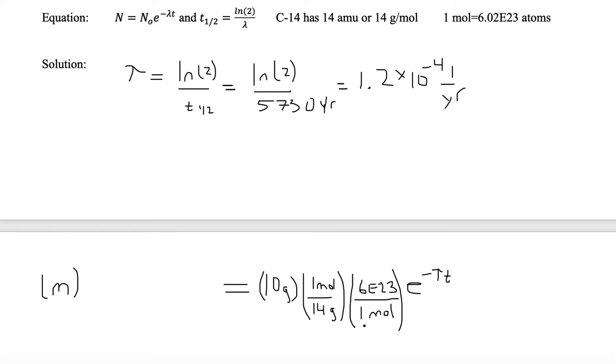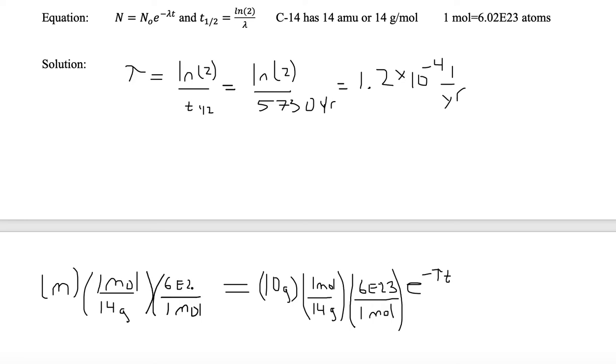We're left with N0, not N on the left-hand side. We want mass. So what we did to the right-hand side, we need to do to the left-hand side: 1 mole divided by 14 grams, and the same thing with Avogadro's number, 1 mole is equal to 6E23.